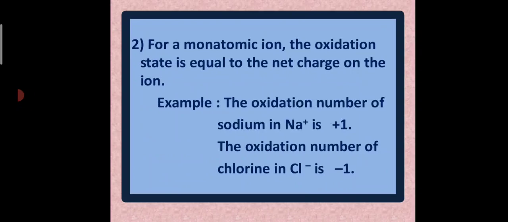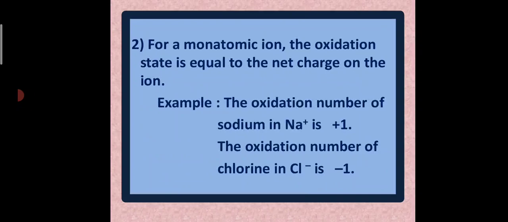Second point: for a monoatomic ion, the oxidation state is equal to the net charge on the ion. Monoatomic ion means what? Na+, Cl-, where one electron is lacking or one electron is in excess. That is a cation or anion.